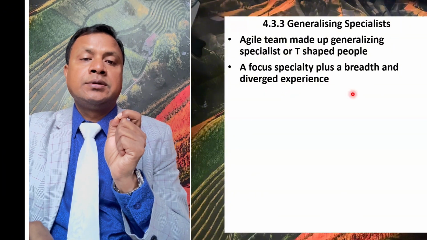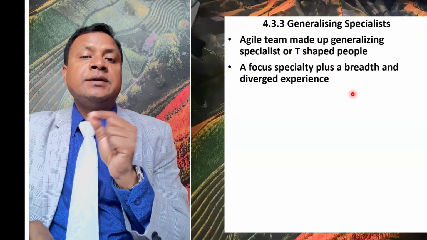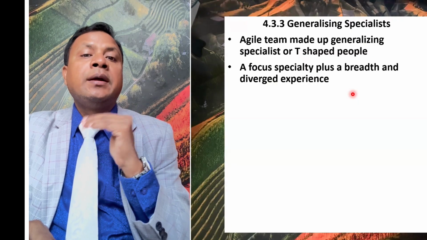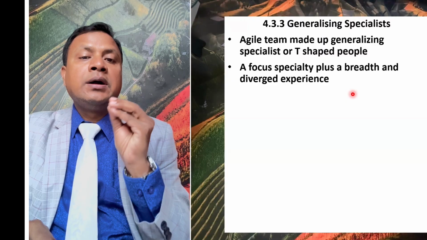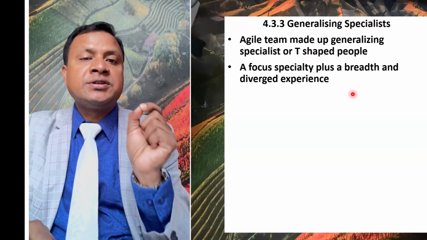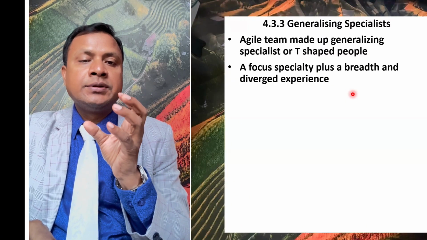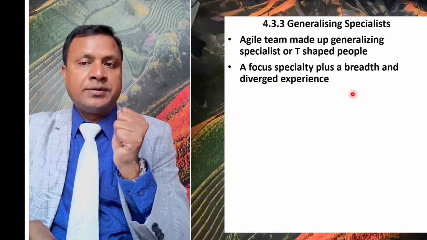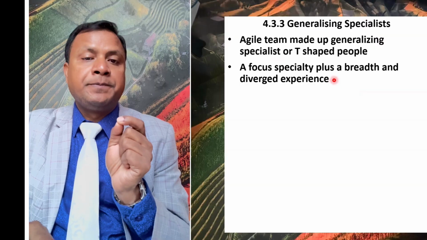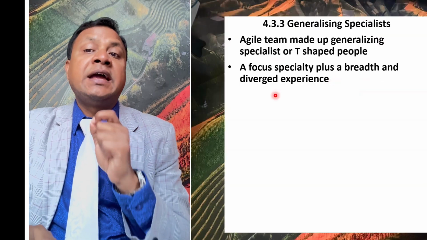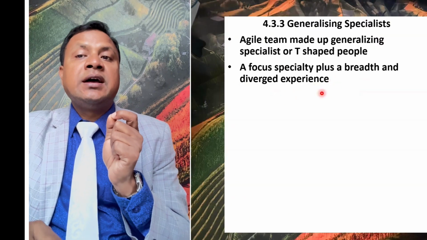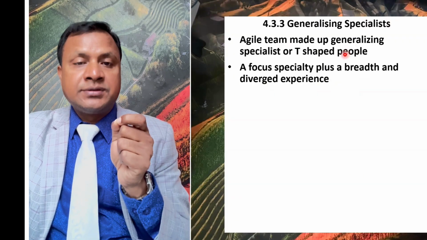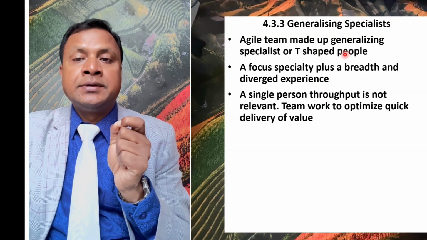In many aspects, many subjects, he has some knowledge of each skill. He can manage in every aspect, but in one skill he is an expert. So a focused specialty plus a breadth of diverse experience is the style of T-shaped people. So T-shaped people are embraced and accepted in the Agile team.